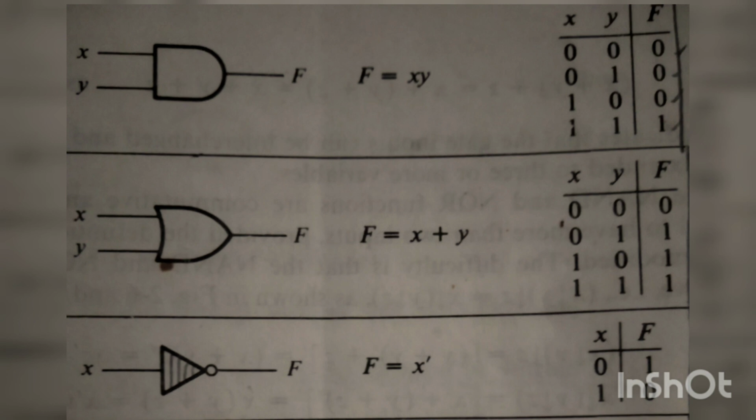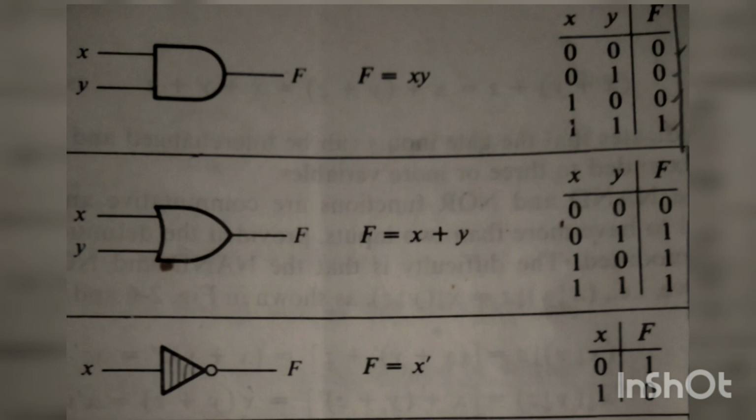And for the inverter, the truth table of the inverter means complement, or you can say the inverse. When input will be 0, output will be 1. When input will be 1, output will be 0. So here is buffer. Buffer will be 0 0, 1 1. This will be the complement. Now here is NAND.